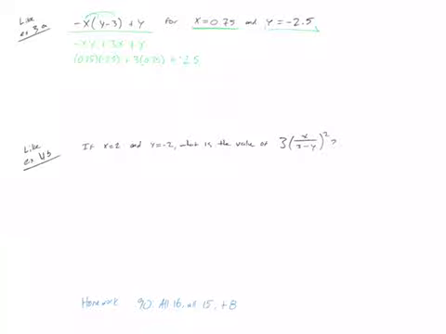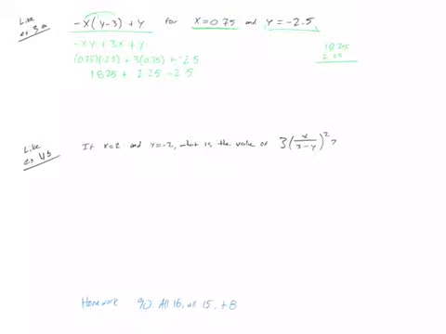Alright, 0.75 times 2.5 comes out to be 1.875, plus 2.25, because that's the 3 times the 0.75, then minus 2.5. Add and subtract from left to right. I'm just going to do this vertically because I like doing that better. 1.875 plus 2.25.